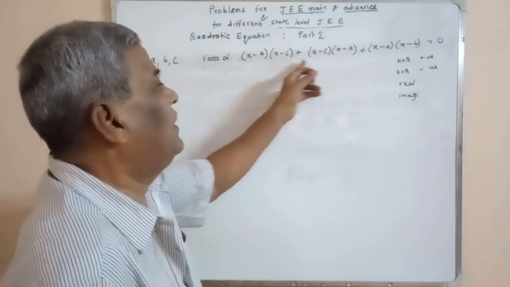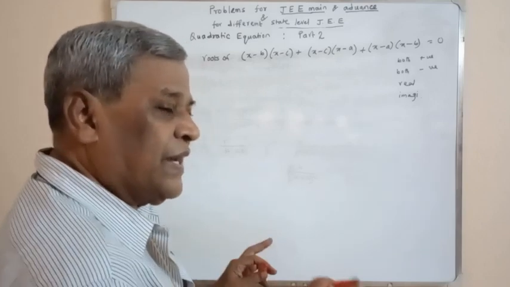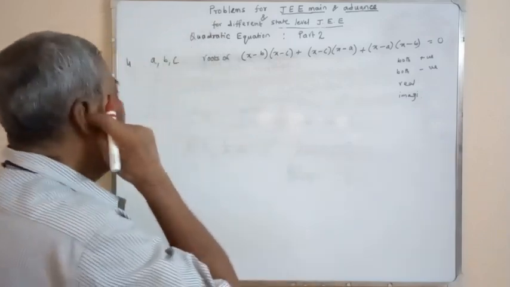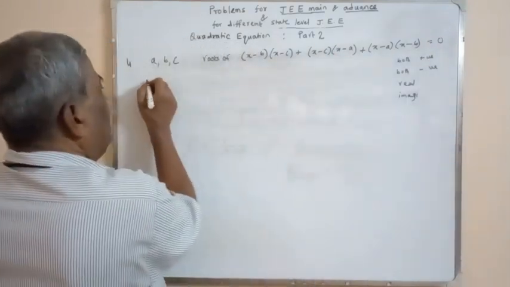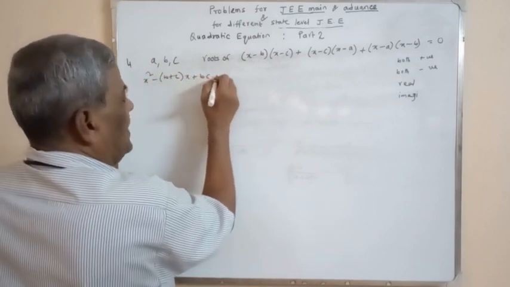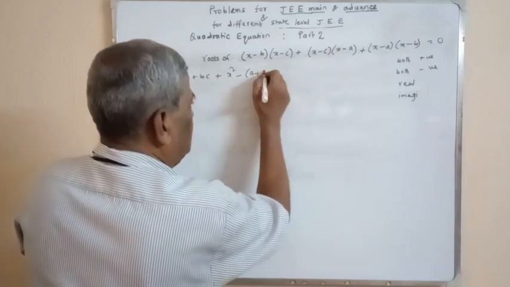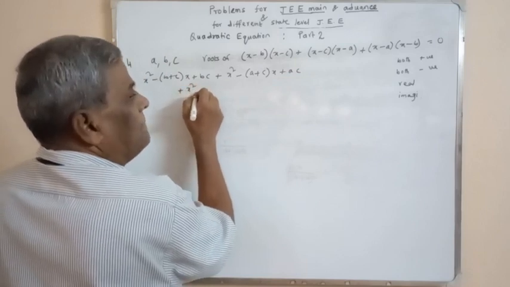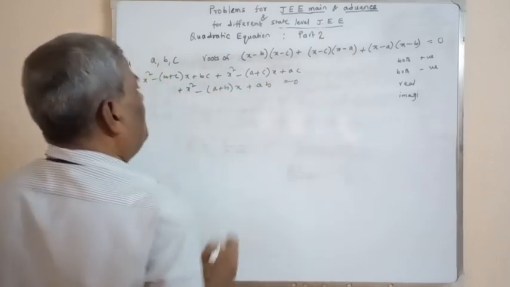Actually, after multiplying, the equation becomes x square minus (b plus c) x plus bc, plus x square minus (a plus c) x plus ac, plus x square minus (a plus b) x plus ab, equal to 0.